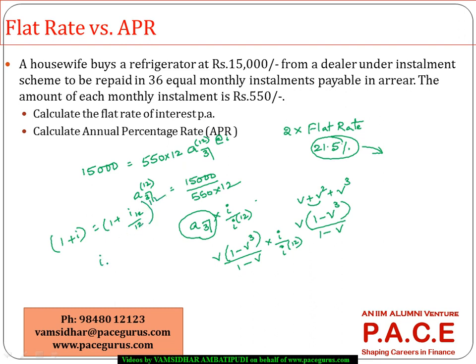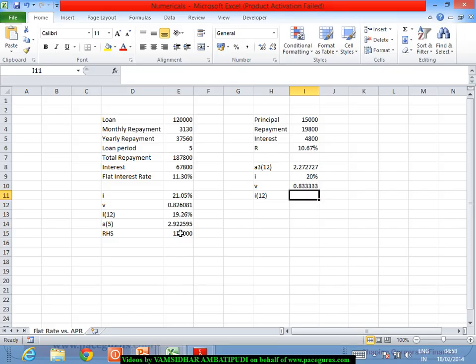So from here I can compute my I12 as 12 into 1 plus I to the power 1 by 12 minus 1. So this entire thing I can put in a bracket.